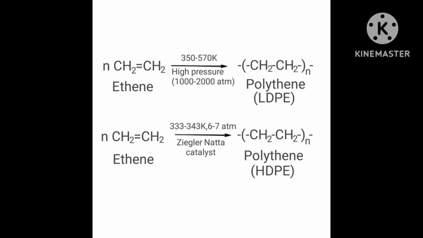Low density polythene is chemically inert and tough but flexible and a poor conductor of electricity. Remember, the reaction is as it is, no change at all. Last time you took ethene with a double bond. Here also you will use ethene only, with the double bond.